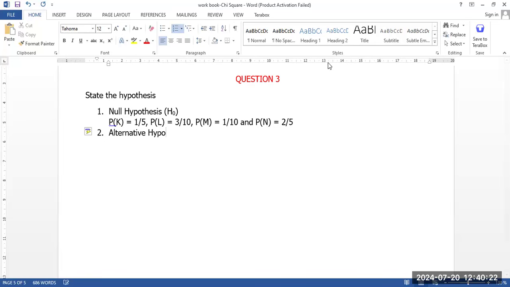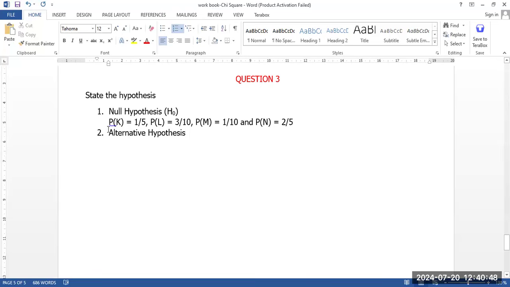Yes, it is. As you state your alternative hypothesis, you are going to say that this probability is not true. You are just opposing. Because we said that alternative is just opposing what?